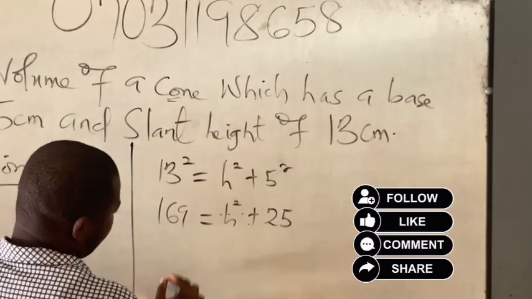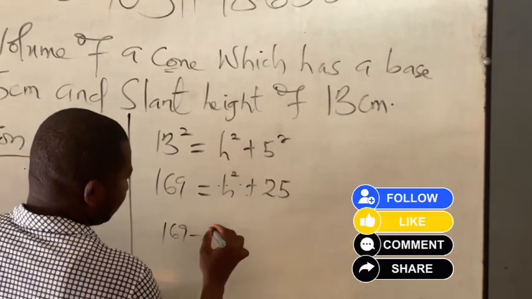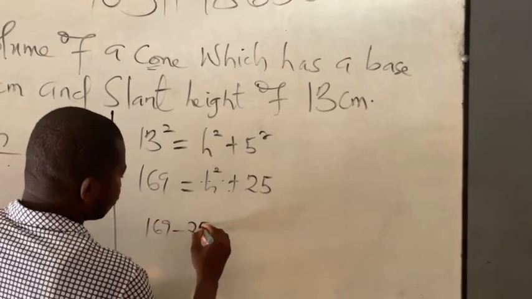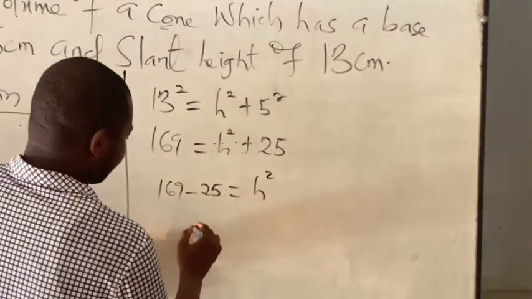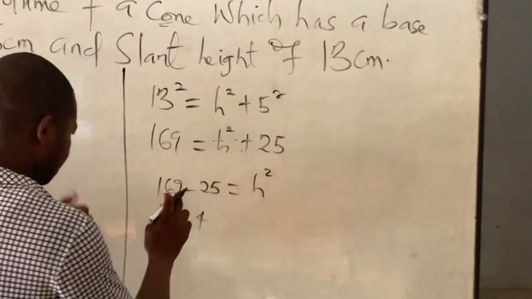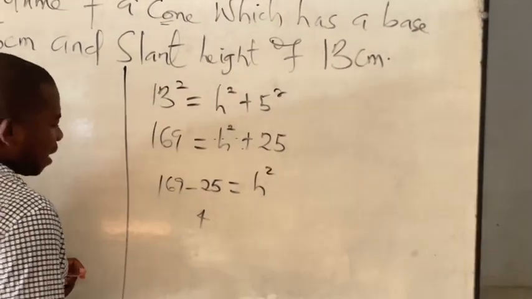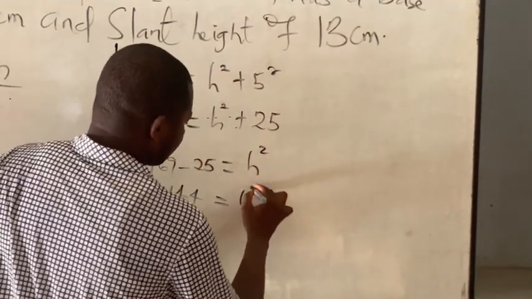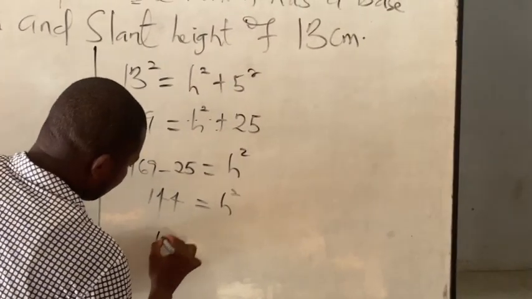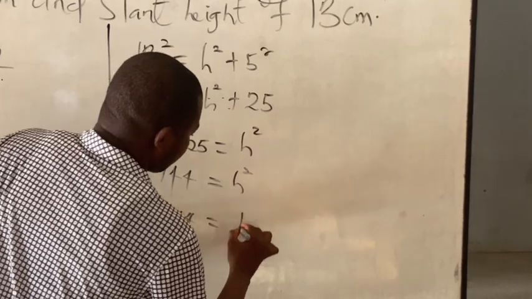So I'm going to have 169 minus 25 equals h squared. That gives 144 equals h squared.